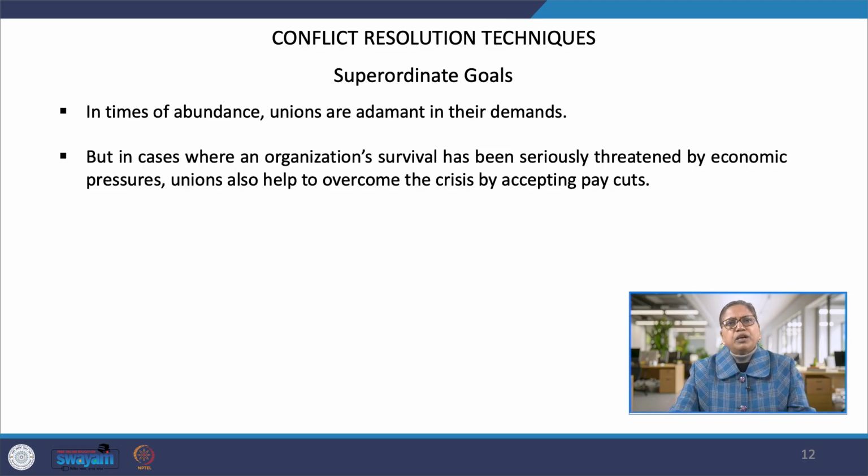In times of abundance, unions are adamant in their demands, but when the organization is facing a crisis or its survival is at stake, due to serious economic pressure, unions also help the management to overcome the crisis by accepting pay cuts and the measures suggested by the management. So once the crisis is over, demand for higher wages can again resurface.